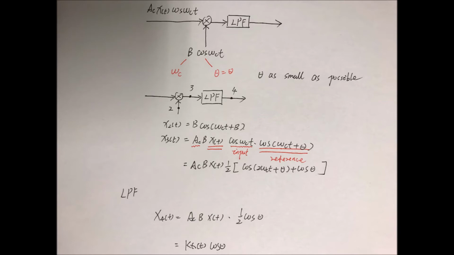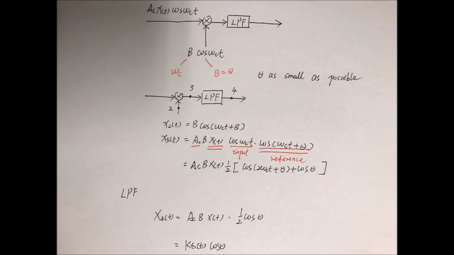This is my input, and B cosine(omega_c t plus theta) is my not perfect reference. We call it the reference signal we use to mix with my input.